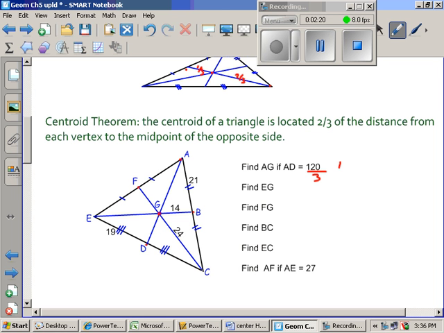So 1/3 of it would be 40, and 2/3 of it would be 80. So AG would be 80, GD would be 40.